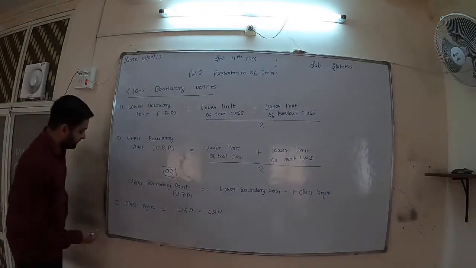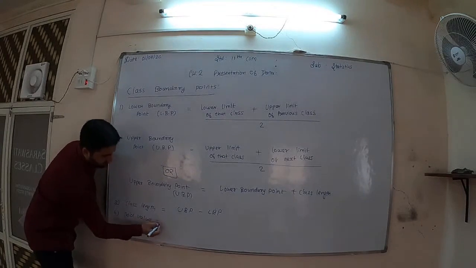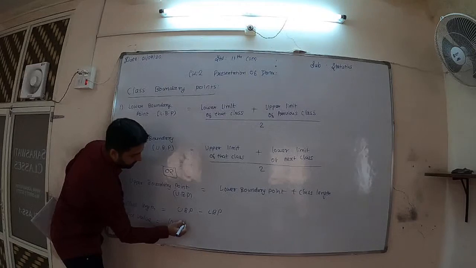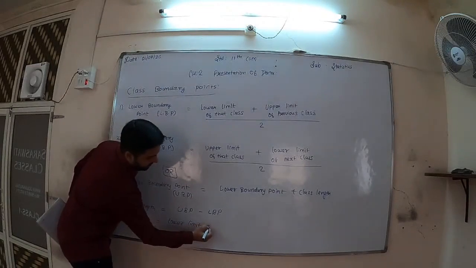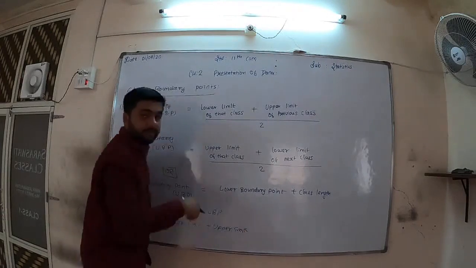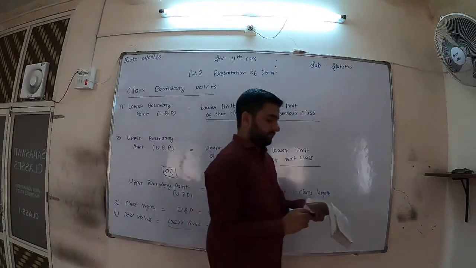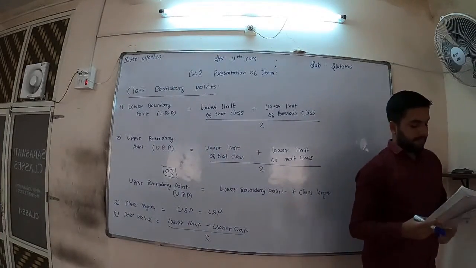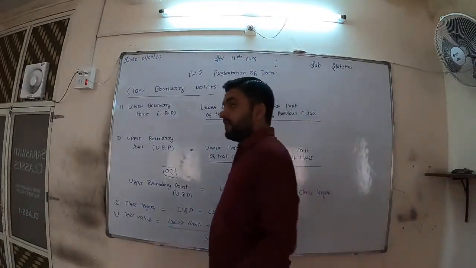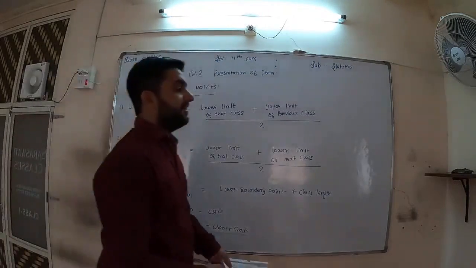So again, mid value is lower limit plus upper limit divided by 2. Okay, so write these formulas, and two more formulas also need to be written, that I am writing on the upper side.